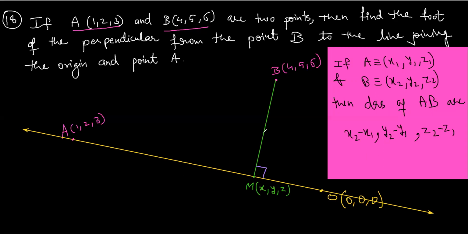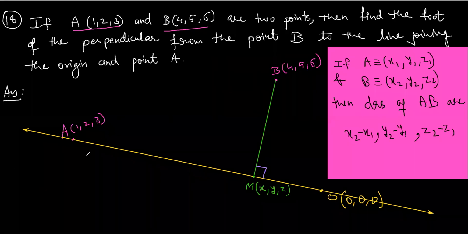I will use this pointer. And you know what I will do? I will find out DRs of BM. So here I start writing the answer and the solution starts from here. I'll have to draw the diagram, okay? I draw the diagram because this diagram is not necessary for the exam as such, but we do it for our simplicity, for our help.